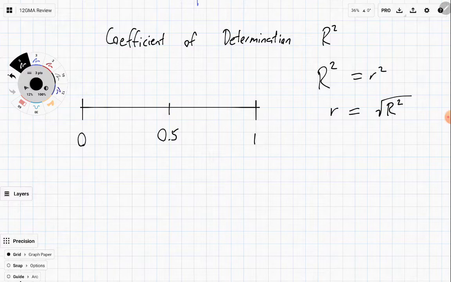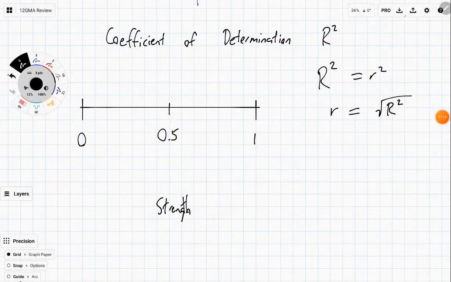And so we use similar cutoffs, but it depends on where you look them up. It's a little bit different, but essentially you can use quite similar cutoffs as the other one. I tend to use slightly changed ones, but not too much. So it only tells us the strength. So 0.5 is still kind of the middle, and then we have 0.3 on the low side and 0.7 on the high side.